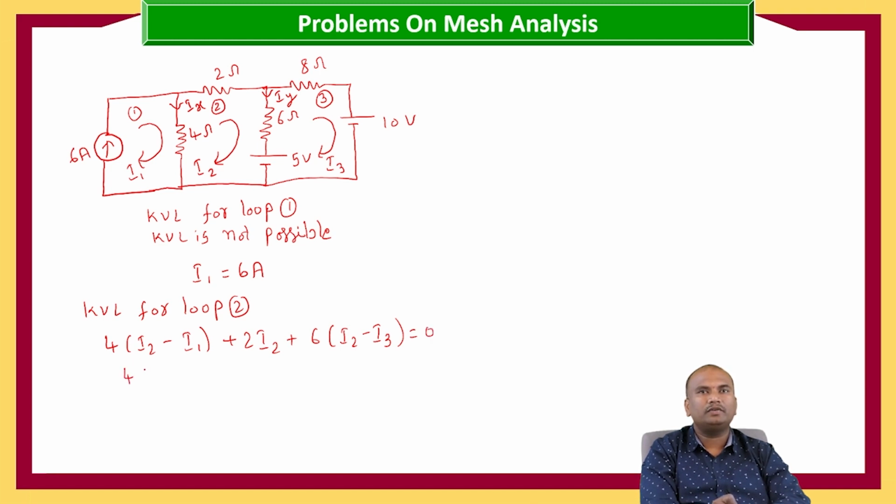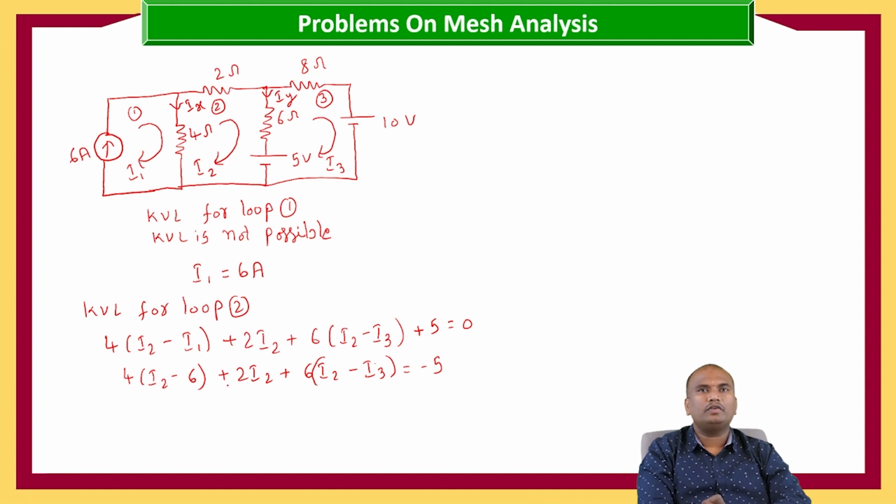Sorry, here one more source is also there. We have to add the 5 volts. After 6 ohms, there is a 5 volt source that is entering the positive terminal, so we have to take it as plus 5 is equal to 0. 4 into (I2 minus I1) plus 2I2 plus 6 into (I2 minus I3) is equal to minus 5.